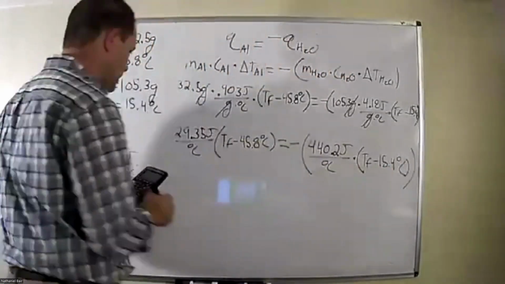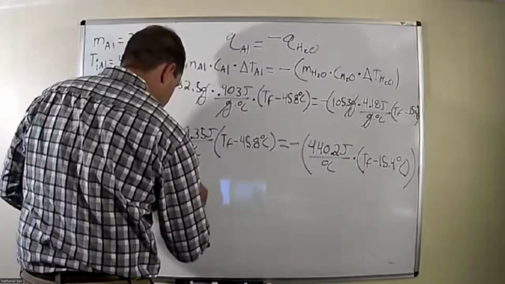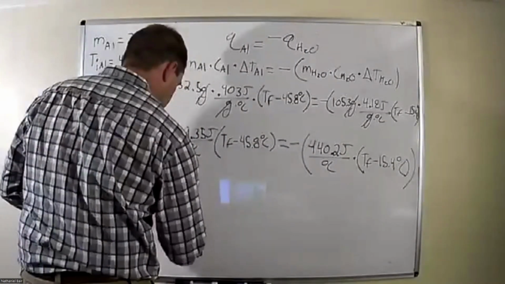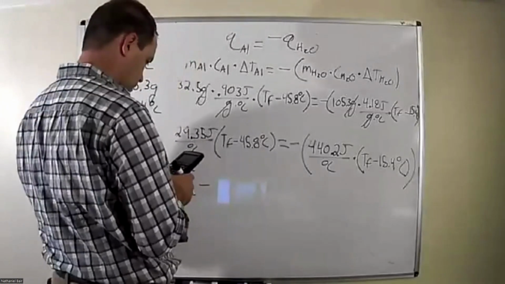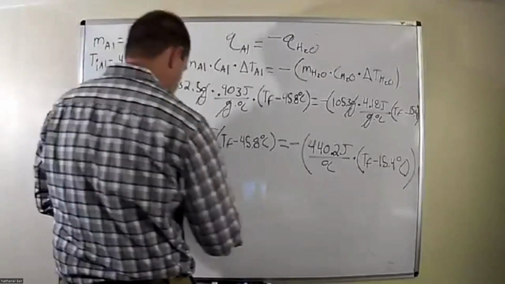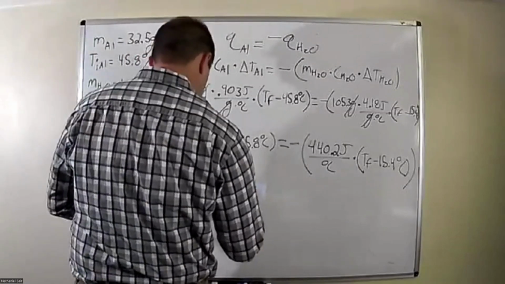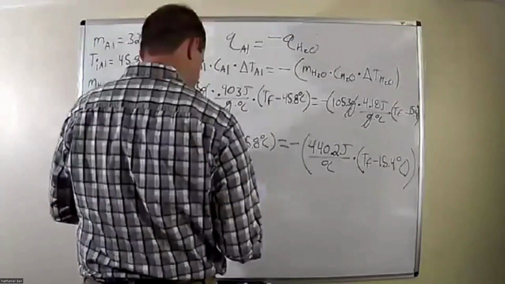So here we go. 29.35 joules per degree Celsius minus whatever that is, 1,344 joules.